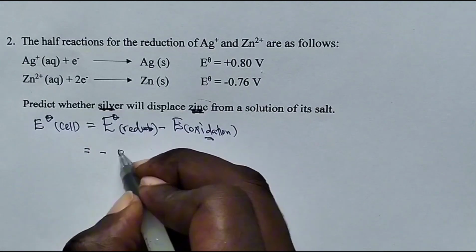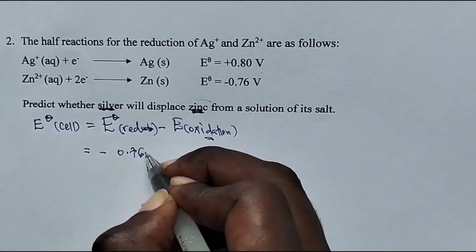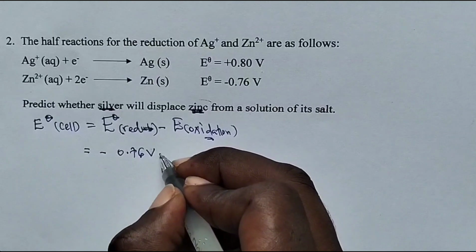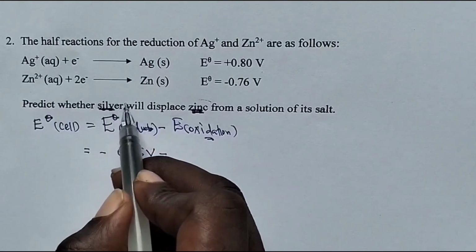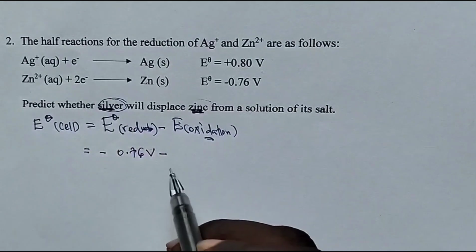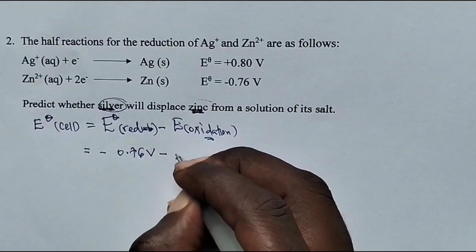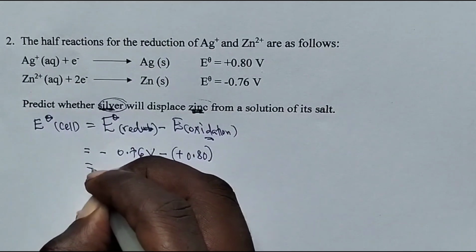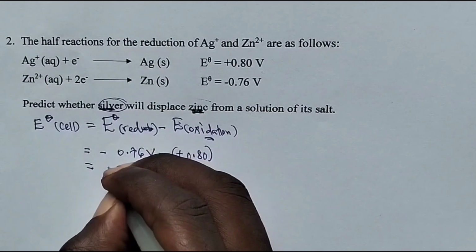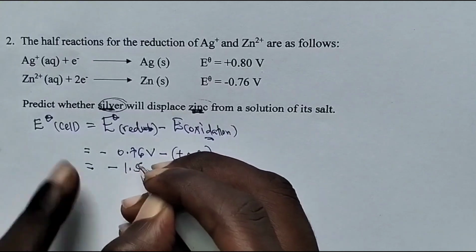It is minus 0.76 volts. Then we are going to have minus the one that undergoes oxidation, the reducing agent, in our case silver, positive 0.80. When we put all this in the calculator, what we are going to get is negative 1.56 volts.